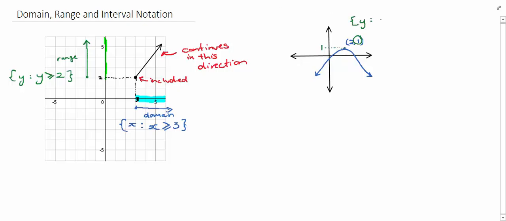Y, in this case we know that the maximum value of y on the graph is going to be 1, because we can see the turning point in the graph. We're not going to have any lines of the graph above that point. So y is always going to be less than or equal to 1.